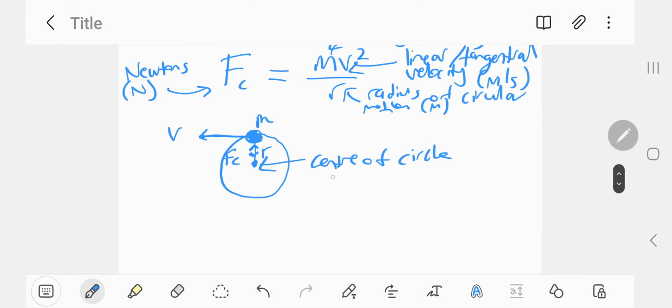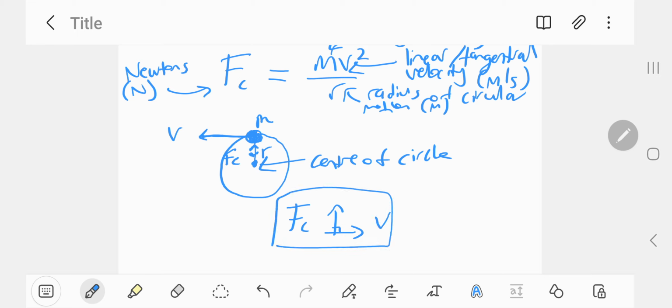So here's another way of saying it. F sub C is perpendicular, mathematically, to v. So to maintain this circular motion of the object of mass m, you must have a velocity that's at a right angle to the centripetal force.